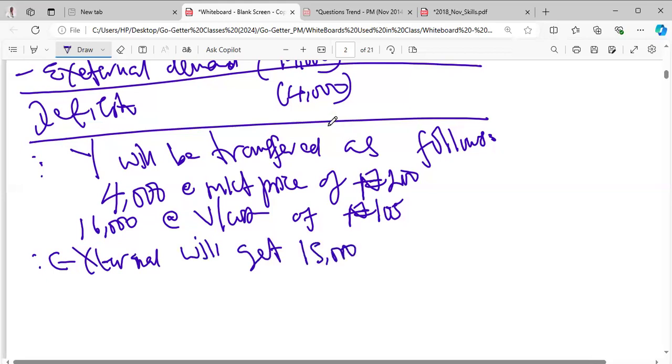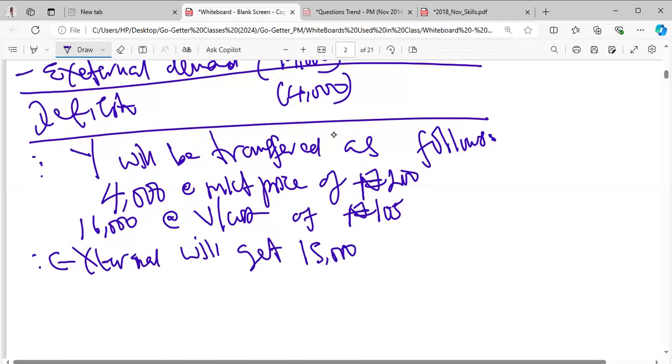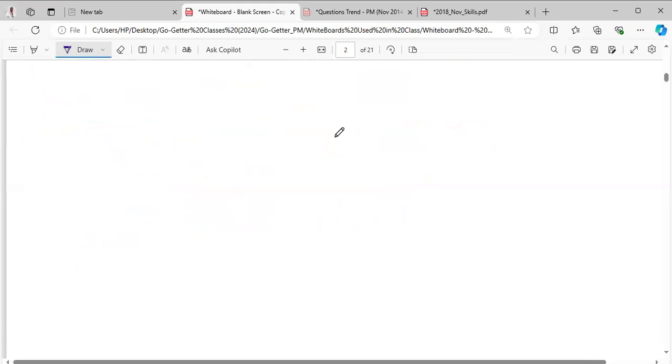It cannot get the whole 19,000 it asks for. So this available to external, it will just get the 15,000 at market price. Market price of how much? 200. So you come again, you will start the same thing we did before.